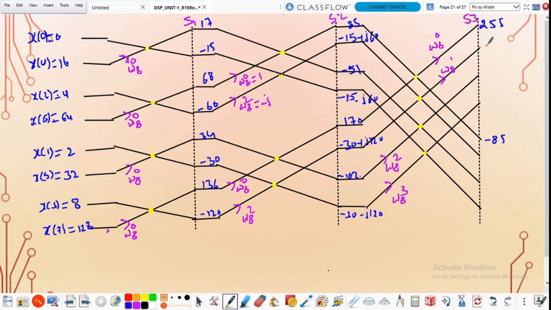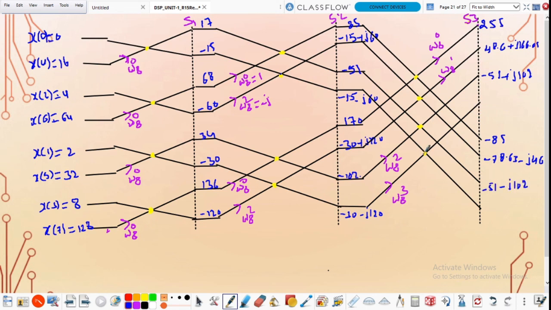Calculate the corresponding output value. This output value is 48.6 plus j 166.05, and this output value is minus 78.63 minus j 46.05. And using this butterfly node, calculate the corresponding output value. This output value is minus 51 plus j 102, and this output value is minus 51 minus j 102.